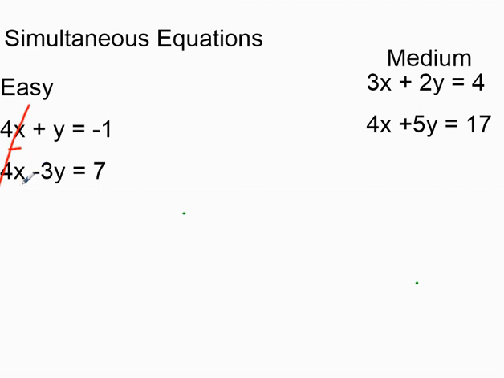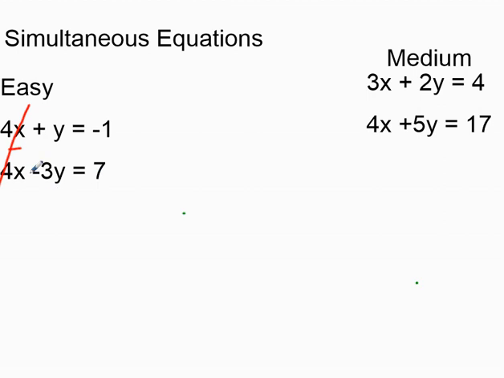It doesn't matter if I go from the bottom to the top or from the top to the bottom, 4x take away 4x is still 0. But if I go from bottom to top, I have to go from bottom to top on the remaining terms here.